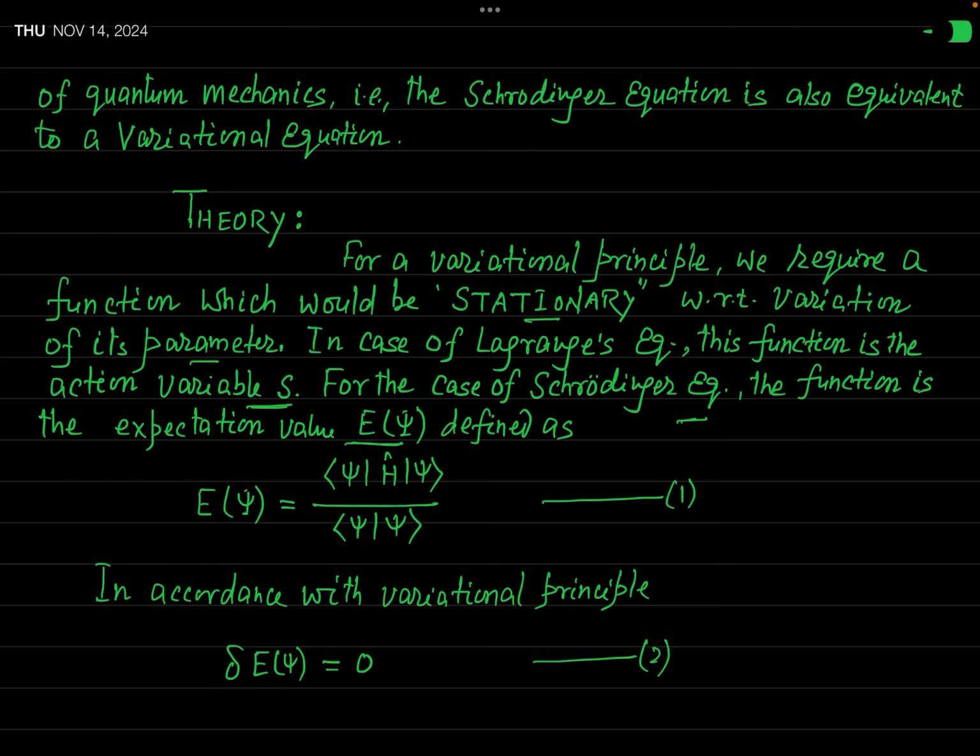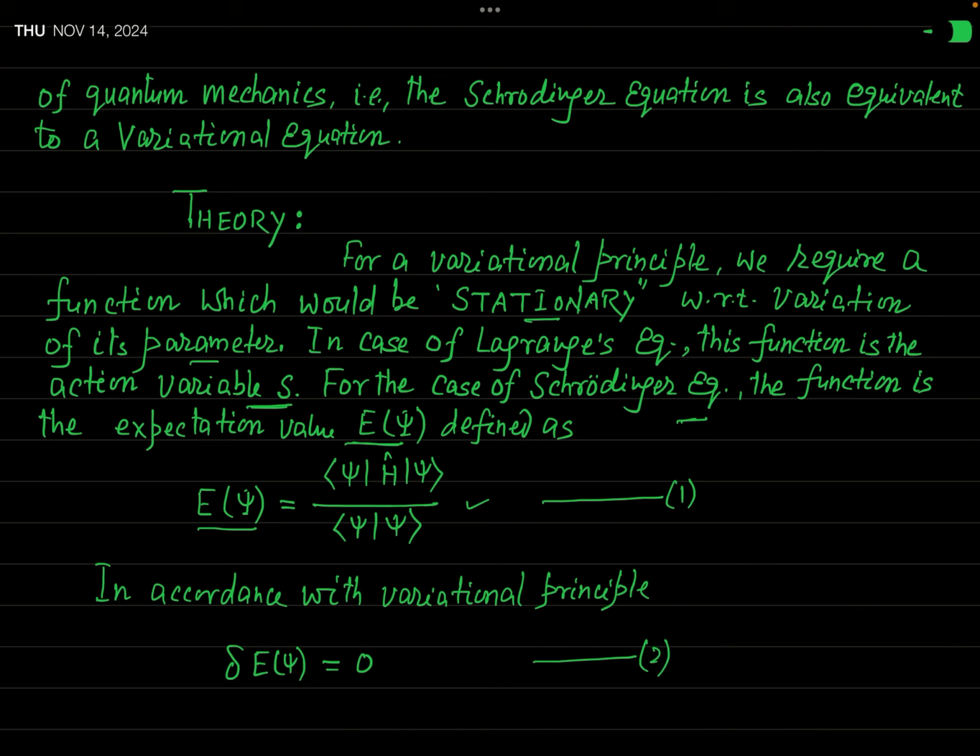And this expectation value of energy E of psi for the state psi is defined like this. You can see this is actually the bra psi H hat ket psi over the scalar product of psi with psi.